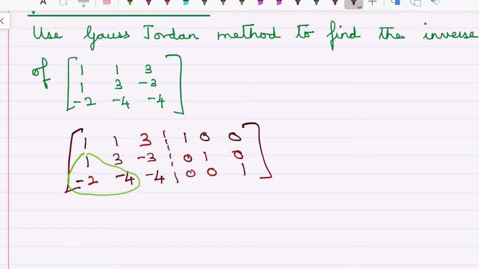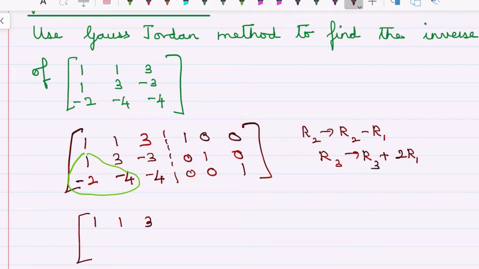So how can you do that? If I were to do R2 minus R1 and R3 plus 2 times R1, so this would reduce to: this becomes 0, 1, minus 3.